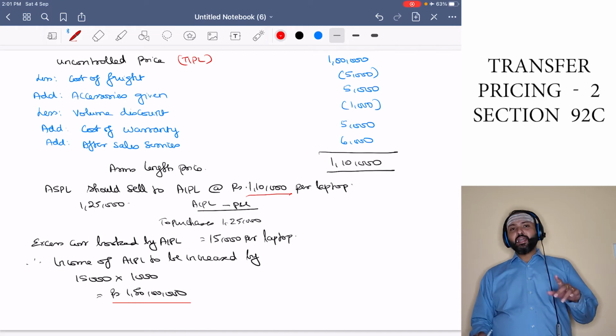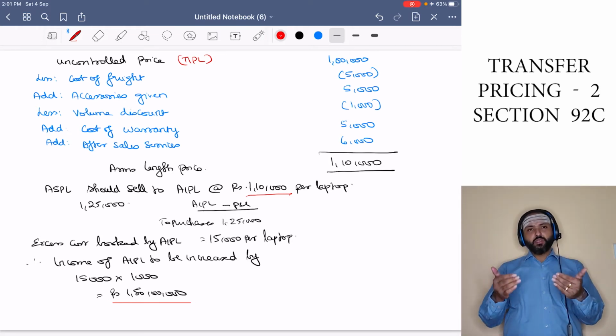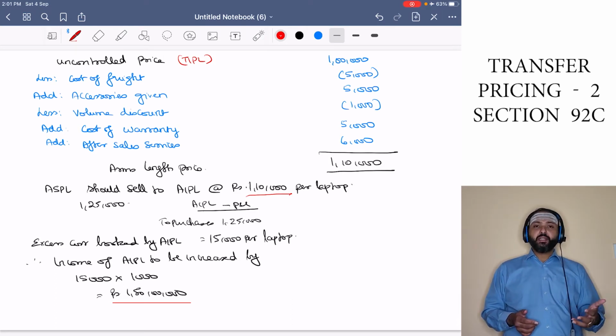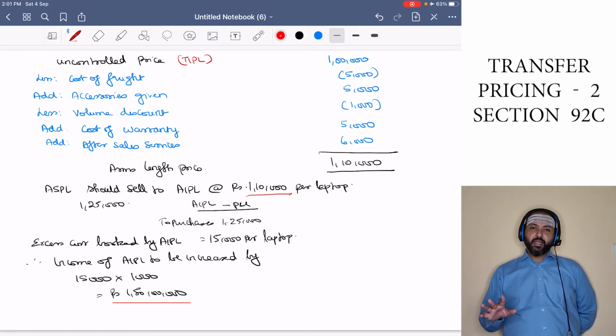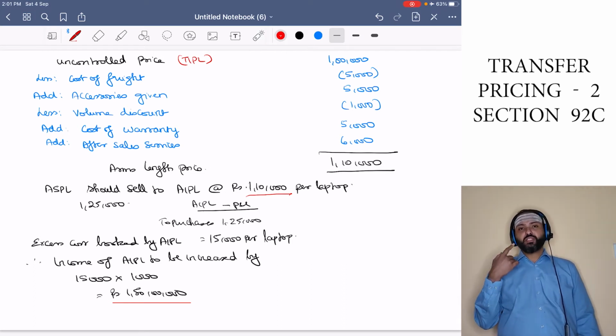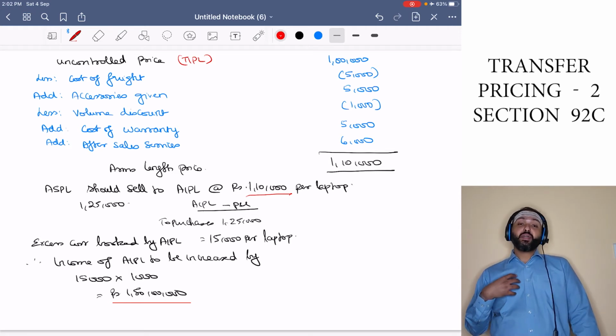Who's the you? AIPL has to consider. AIPL will work out the transfer pricing implication, that is the arm's length price workings, and tell its Singapore friend: you have to sell it to me at 1,10,000, but you have sold it to me at 1,25,000. The excess 15,000 rupees which I have paid to you is not correct. Therefore that will be treated as my income and I am subject to pay tax on the same.